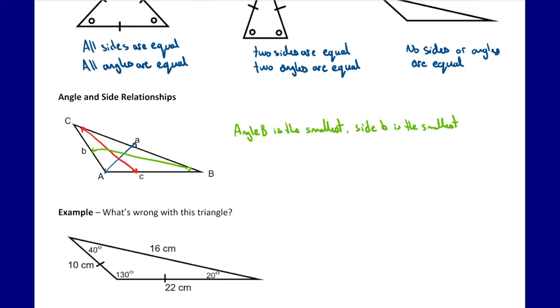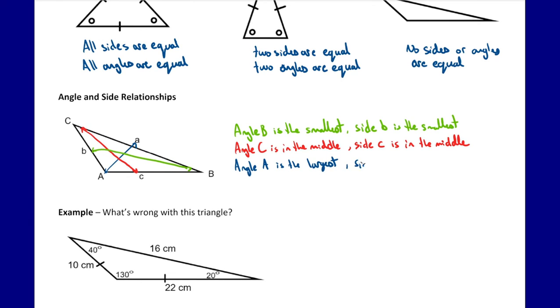Angle C is in the middle in terms of size, so side C is in the middle. And lastly, angle A is the largest, so side A is the largest.